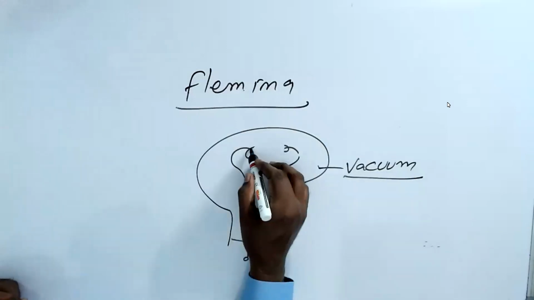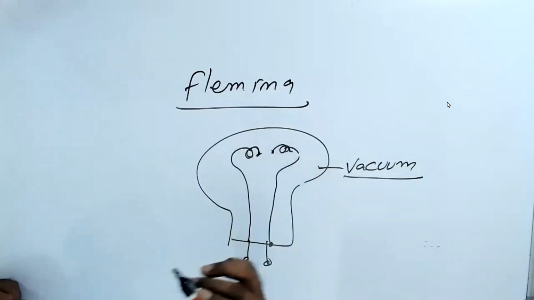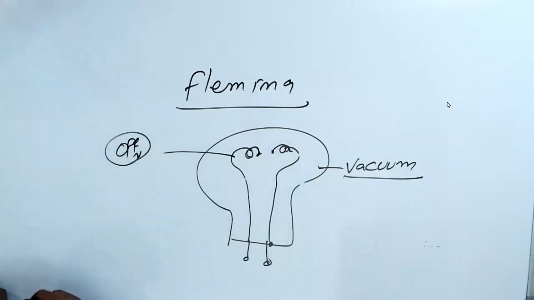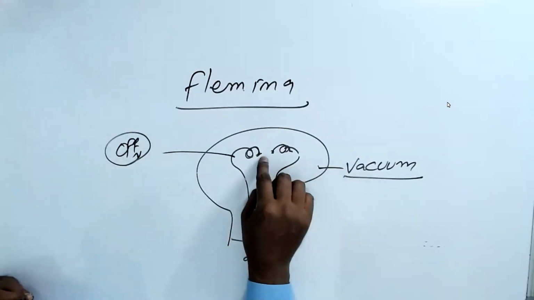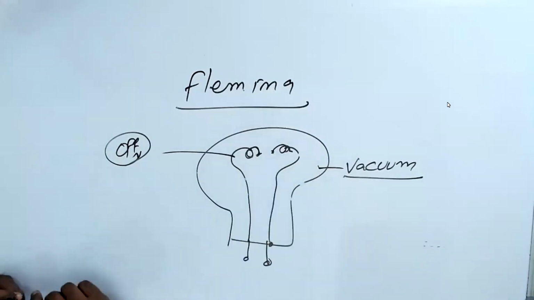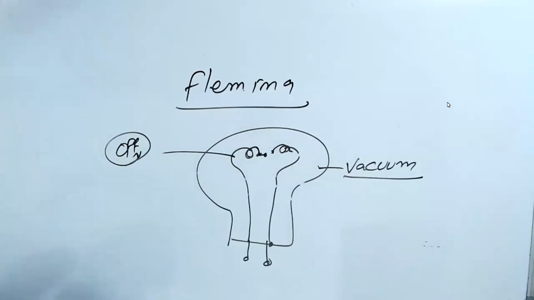Now, when I cut the connection, the bulb was off. Then Fleming was thinking, when there's a vacuum, why are the electrons not moving through it? Then he found out that for the electron to get out of the wire, a force has to be given. What force will I give?